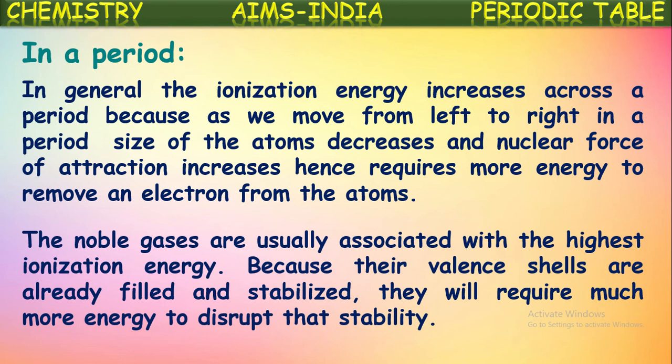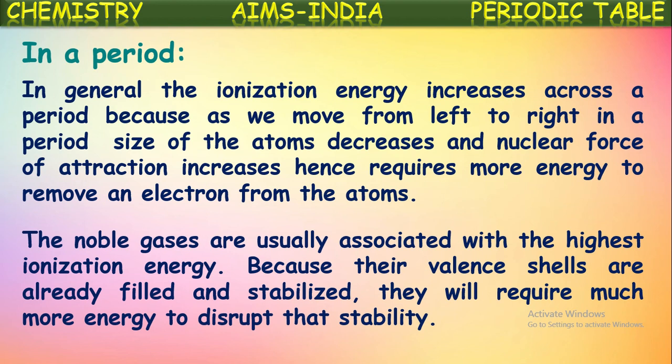Next, the noble gases are usually associated with the highest ionization energy. We are telling that from left to right, size decreases, hence ionization energy increases. So the last column elements, in any period the last element, will be a noble gas. For these noble gases, there exist the highest ionization energies in all the periods.